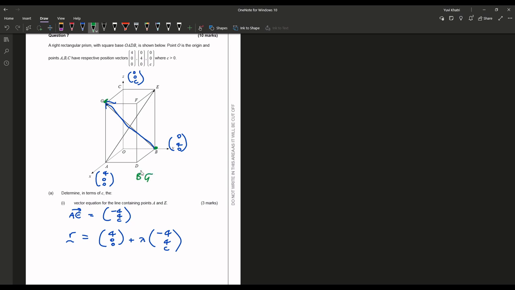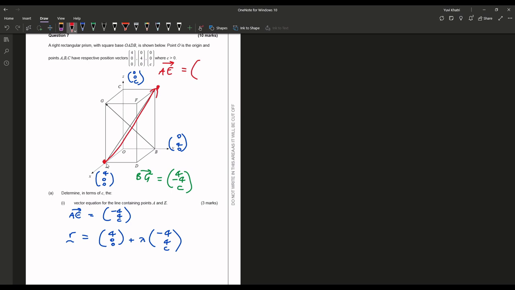So BG equals, you've gone 4 units in the x direction, then negative 4 units in the y direction, and then c units up. So that's vector BG. We can do the same thing for AE. What did you do to get from A to E?